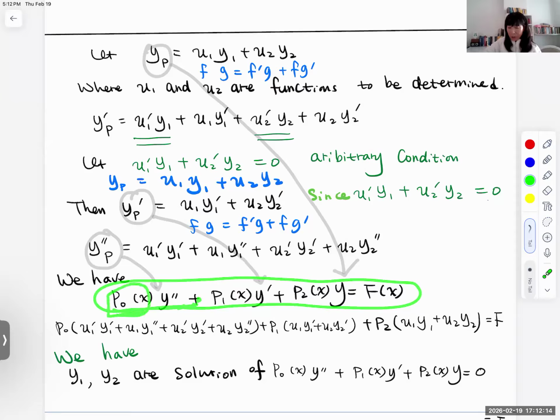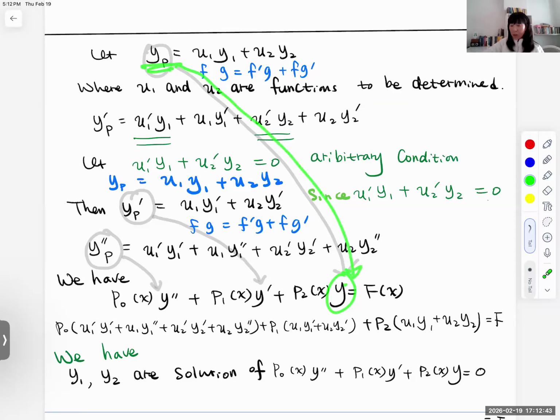Now in the beginning we started with a second-order linear equation with a non-homogeneous right side. We substitute the particular y second prime, y prime, and y into the equation.